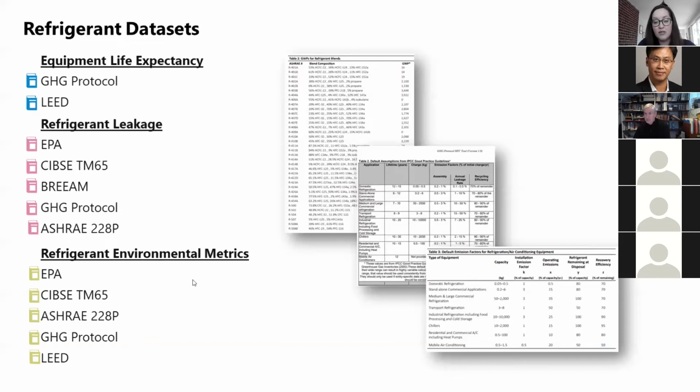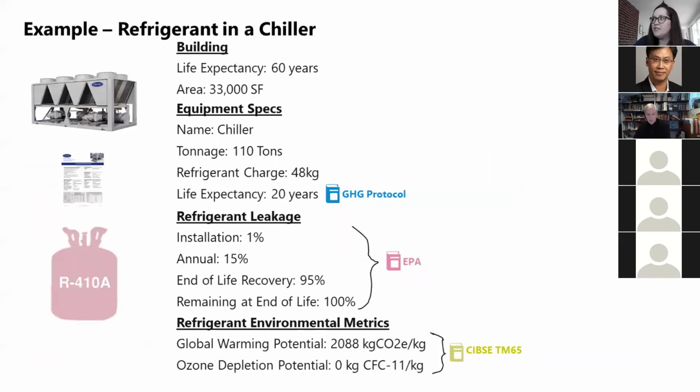As well as refrigerant environmental metrics. You saw some of those that Luke showed around R410A versus R134A. There are lots of different data sets that describe those values per kilogram of refrigerant, the amount of CO2 equivalent. For this example, we will be focusing on a building with a life expectancy of approximately 60 years.